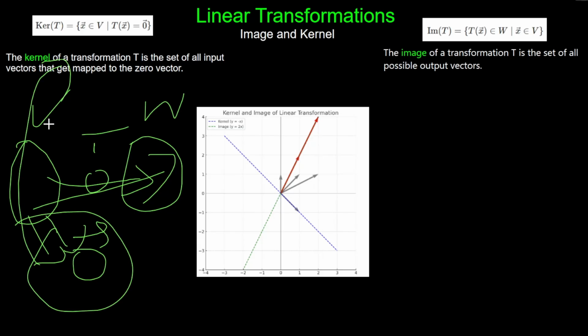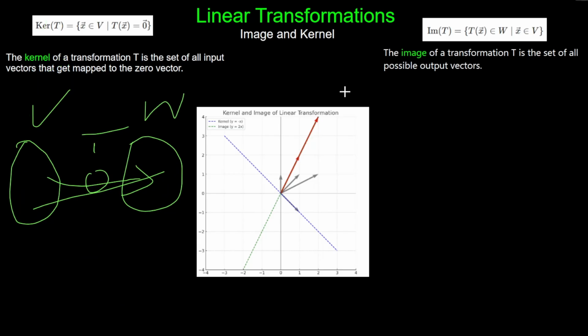So kernel is the set of all input vectors that get mapped to zero vector. It's like the vectors collapse to zero under transformation. In geometric terms, they get flattened to the origin in case of 2D, and it is what part of the input space is lost or destroyed during the transformation. So it is represented by this equation, kernel of T.